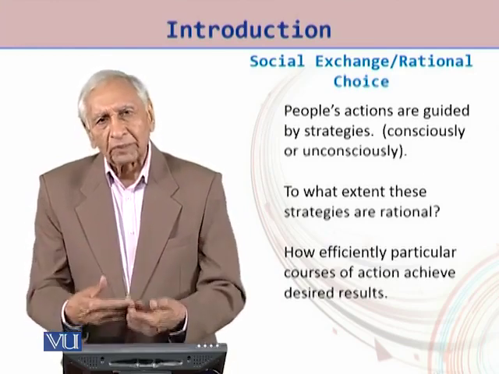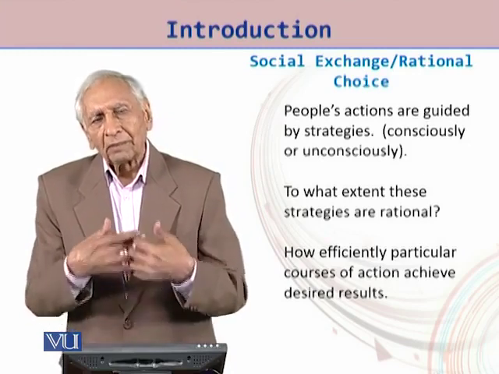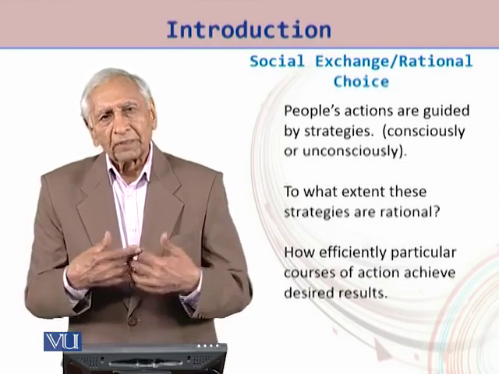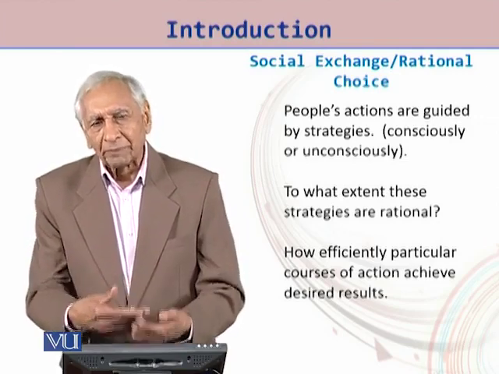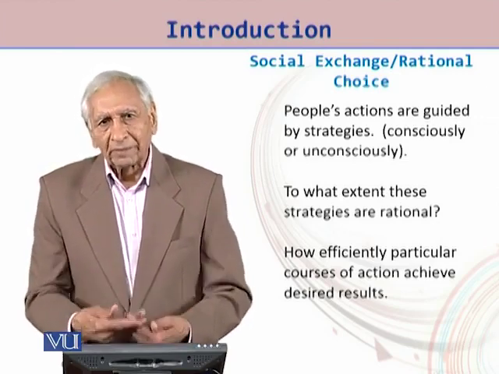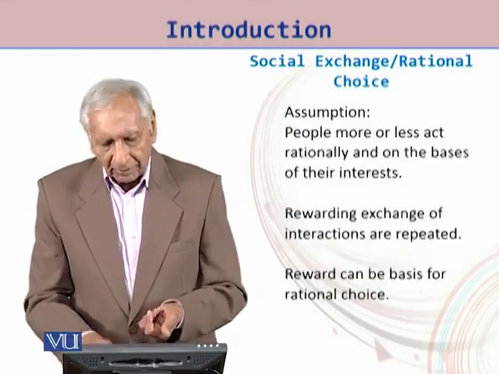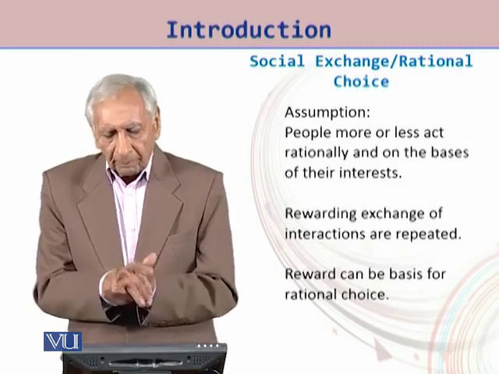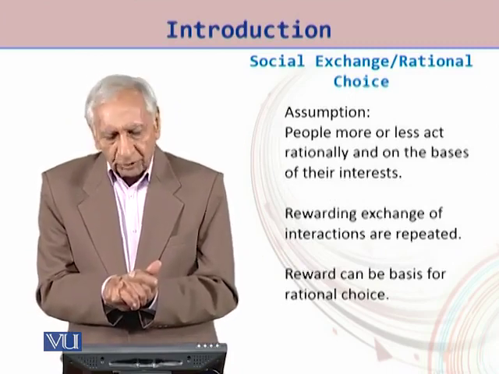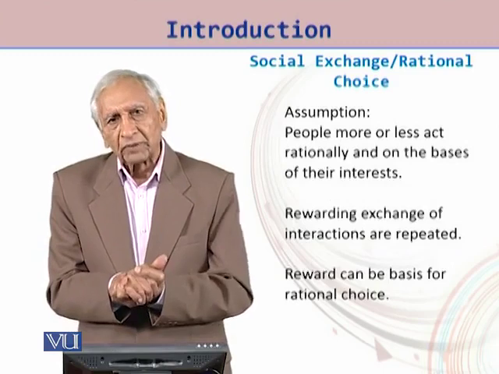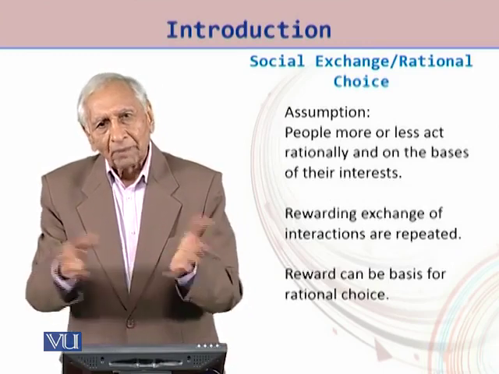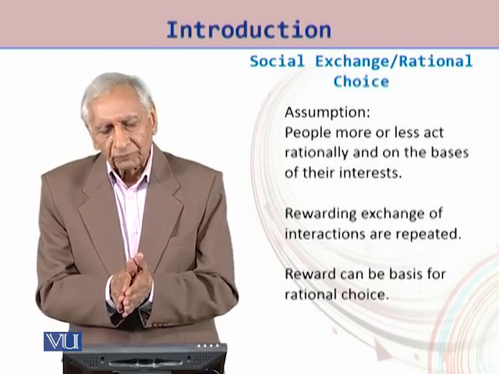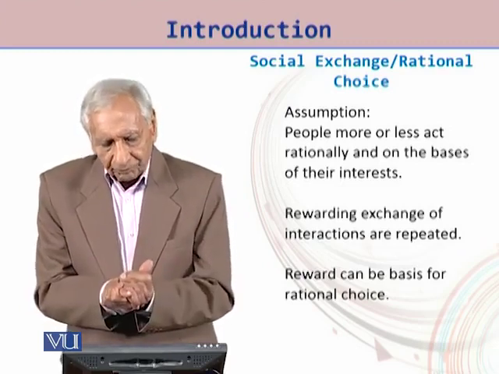Did we achieve the goals? Are these interactions useful? If these are useful, then these are repeated, and if these are repeated, then they become some kind of pattern. So the assumption is that people more or less act rationally and on the basis of their interests. That's the main thesis or the main assumption of this perspective.